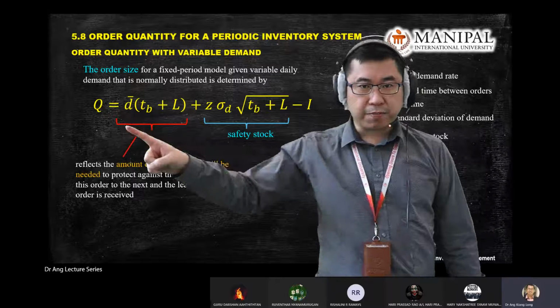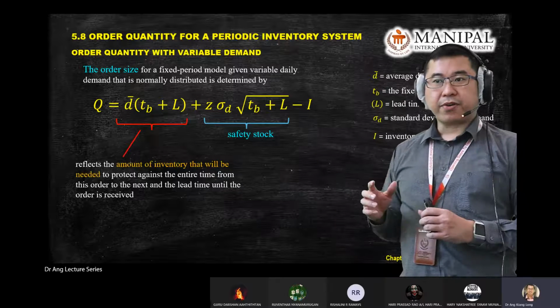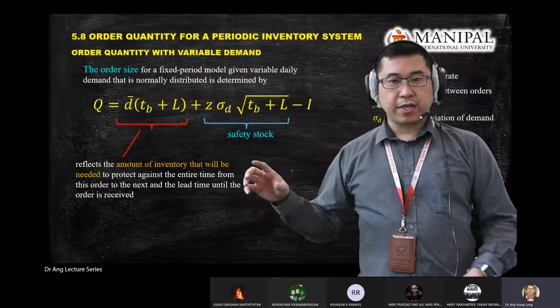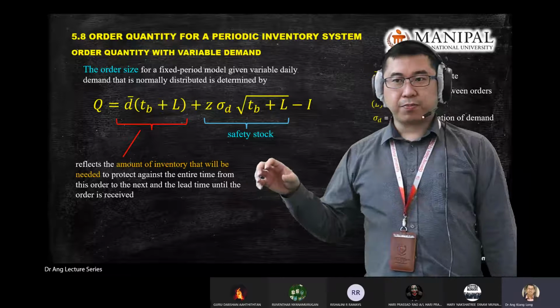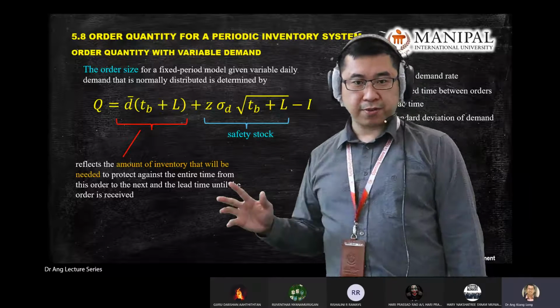What is the first component here? First component here is the amount of inventory that you need to protect, so that you serve at the particular service level.